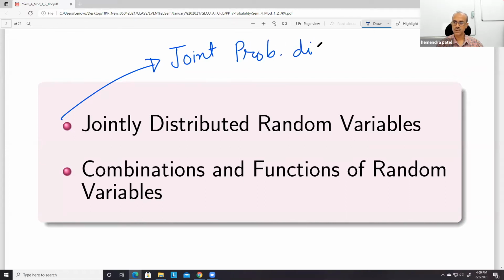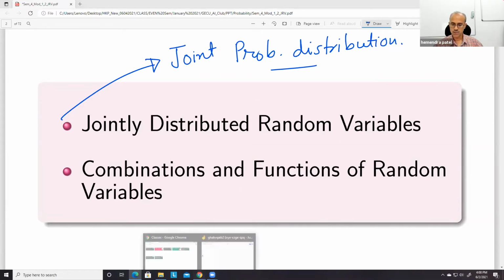And if the time permits, then we will see functions of random variables as well. So, joint probability distribution. Let us see what is the meaning of this joint.